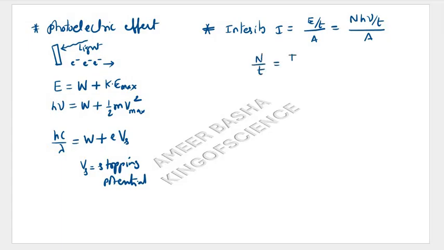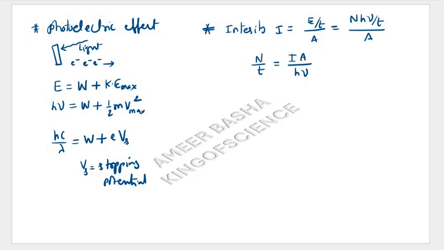So this equation will help a lot to solve problems related to the photoelectric effect. Apart from that, a few other points to remember here. What is the meaning of intensity? Intensity of light is energy per unit time per unit area. Energy per unit time means maybe n number of photons are there, each of energy h nu, divided by t into A. So from here, the number of photons per unit time is I A divided by h nu.